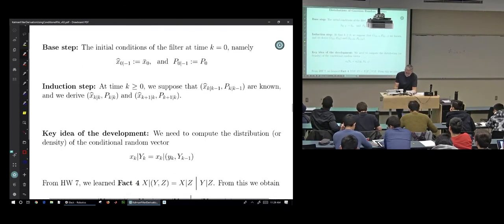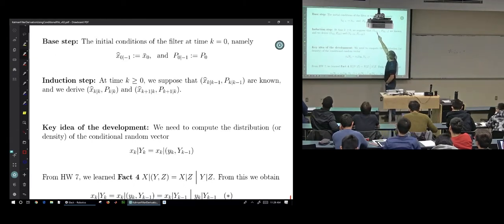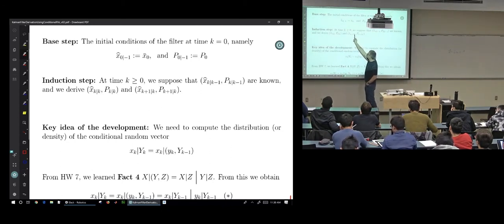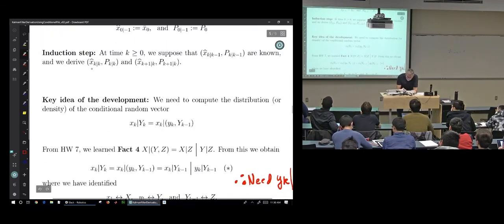So now, the induction step. Suppose we know the conditional mean of x given the measurements up to time k minus 1, and the covariance. We want to derive the conditional mean at time k, given all the measurements up to time k, and its covariance. So let's focus on this part. This is what we're after.